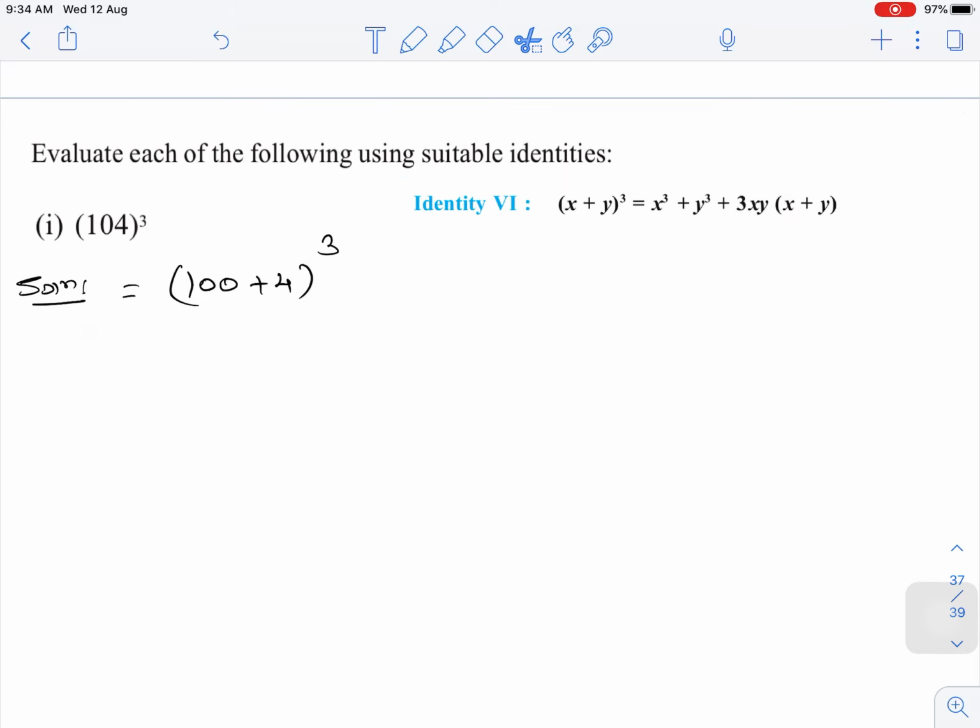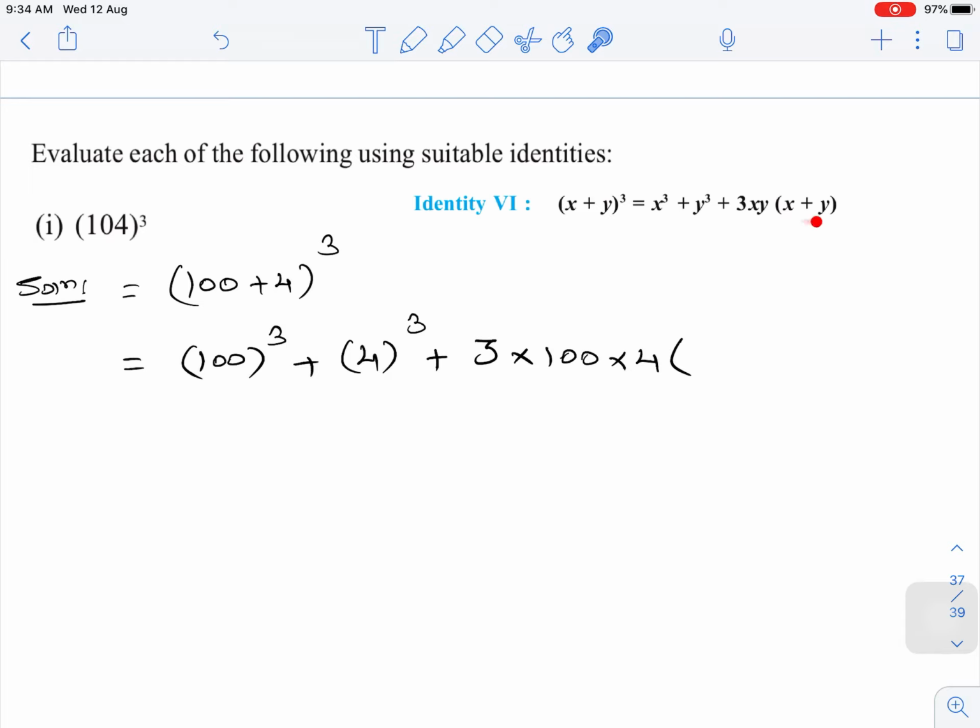Now as per our identity, what is the condition? First term cube. What is our first term over here? 100 cube. Then plus the next condition, second term cube. Our second term is 4, so its cube. Plus next, it is given 3 into first term into second term. So we write 3 into, what is our first term? 100 into second term 4.